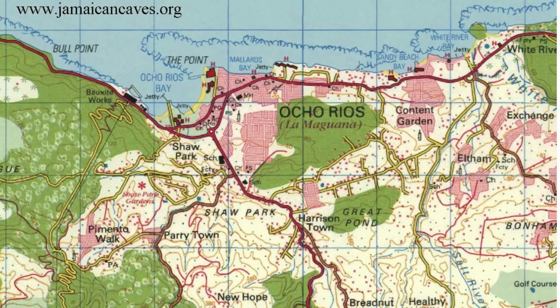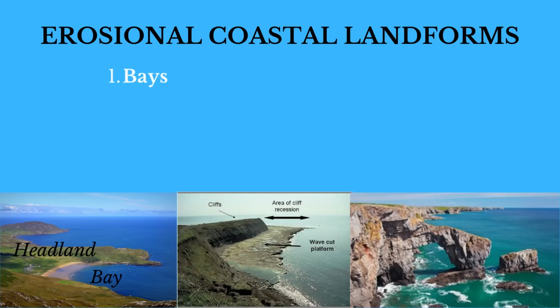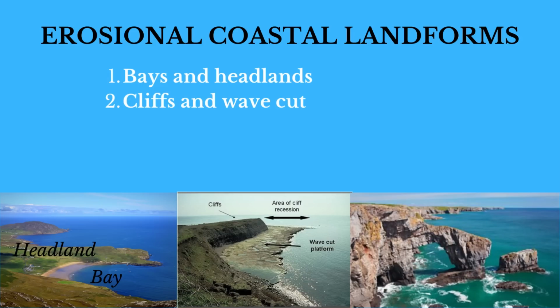So, we can talk about two broad categories of coastal landforms. We can talk about, as I said, erosional landforms and depositional landforms. All right. Let's go into a little bit more detail about these.